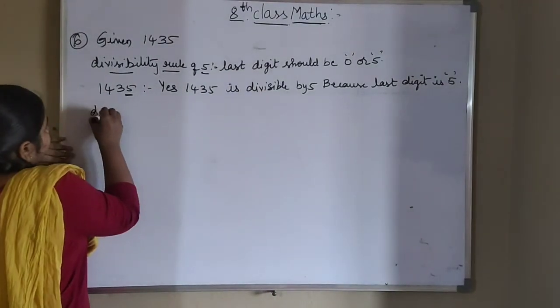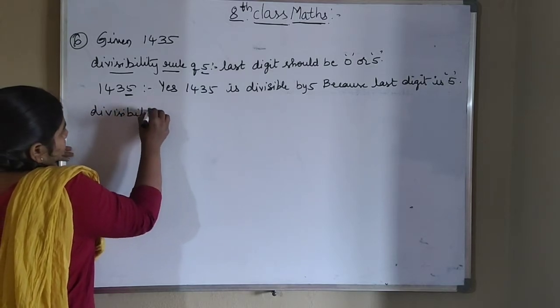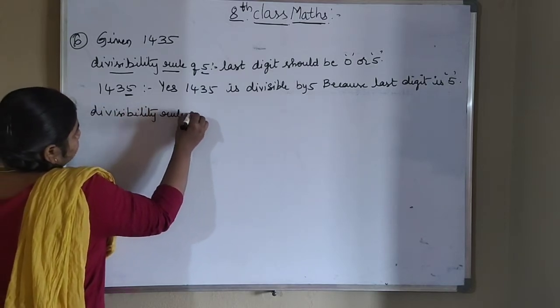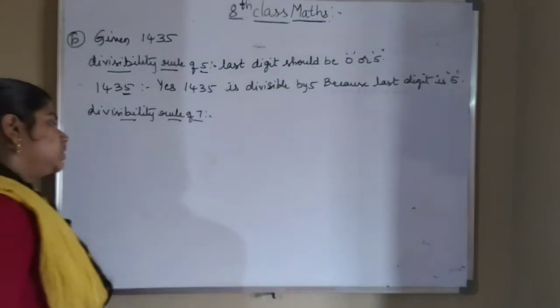So we have to check whether it is divisible by 7 or not. I already told you the divisibility rule of 7. What is that?